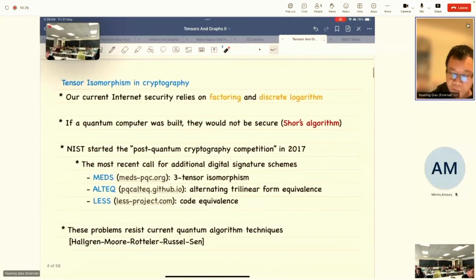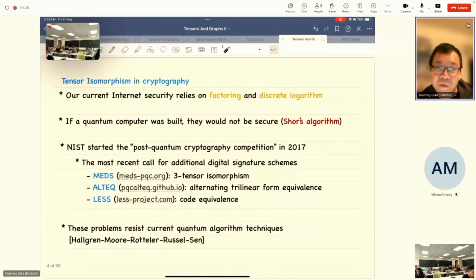Of course, then we're going to some new stuff. So the first thing is that you probably have been bombarded by tensor isomorphism yesterday afternoon. So I just want to mention to you that there are some practical reasons, I mean, not so practical for now, but hopefully in future. That is, there is a way to make use of tensor isomorphism in cryptography. So the story is probably some of you already know.